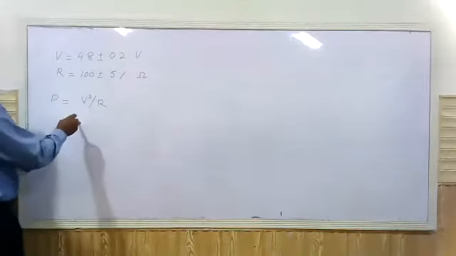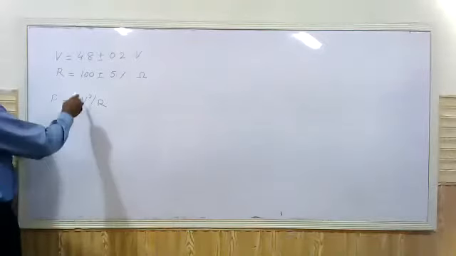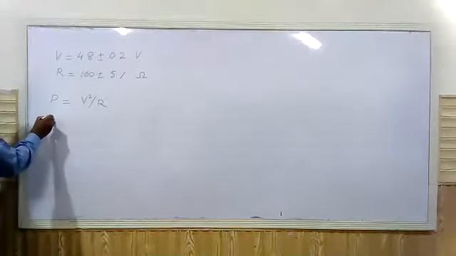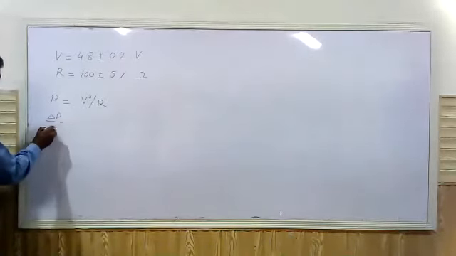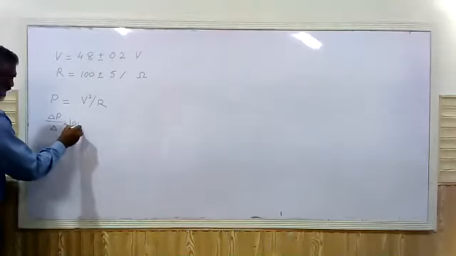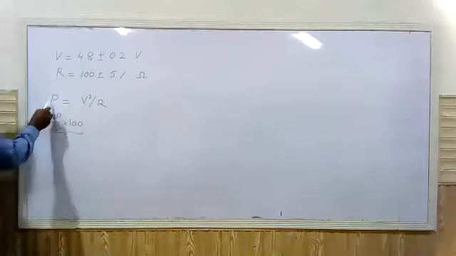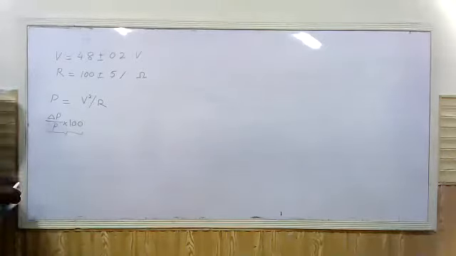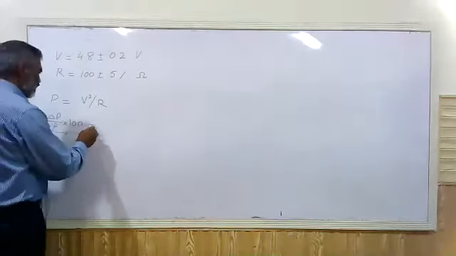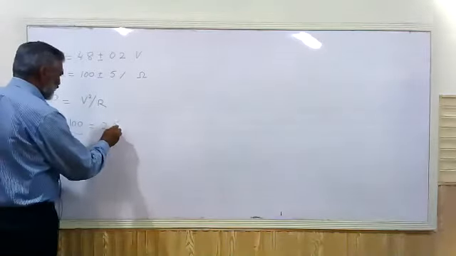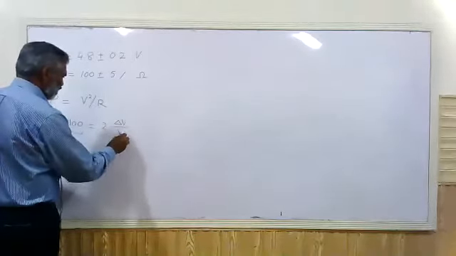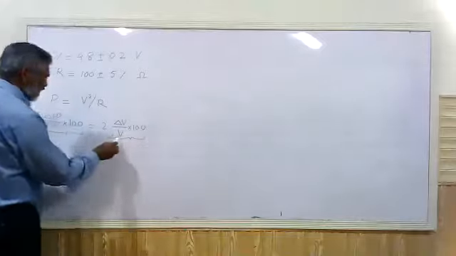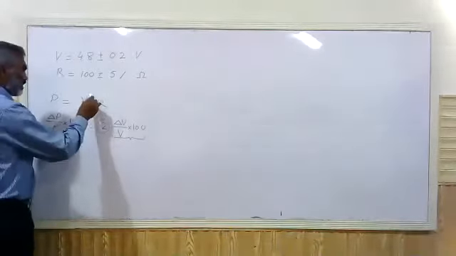Before we attempt this, we need to calculate the percentage uncertainty in the value of V as well. Why? Because we can express all these quantities in this manner. This is the total percentage uncertainty in the quantity labeled P here. This is delta P over P. This should be equal to 2 times the percentage uncertainty in the value of V, and this 2 has come from this square.